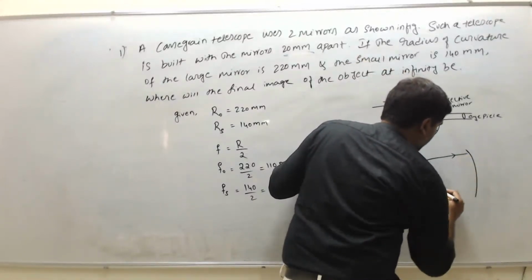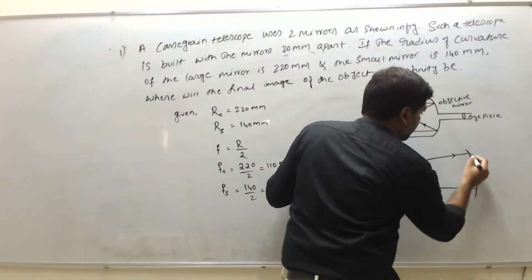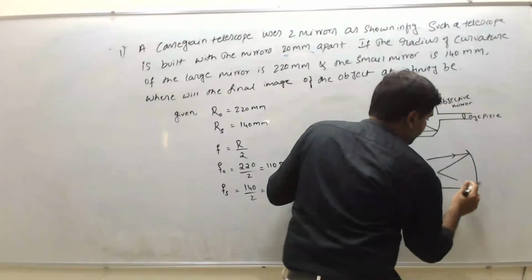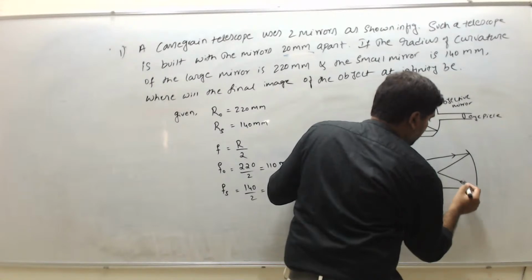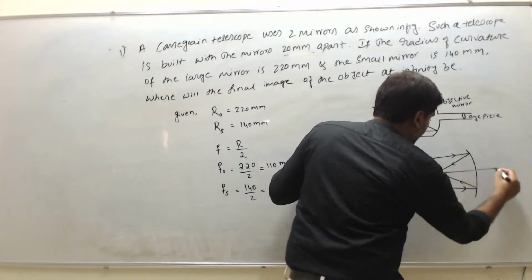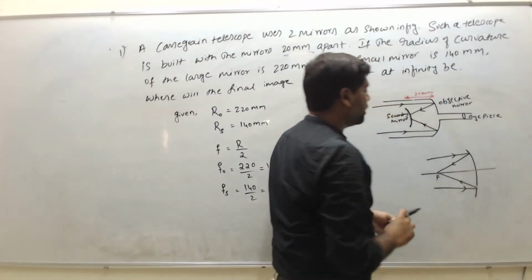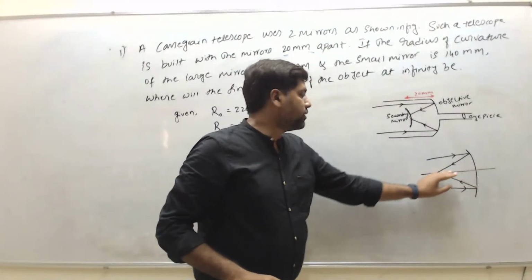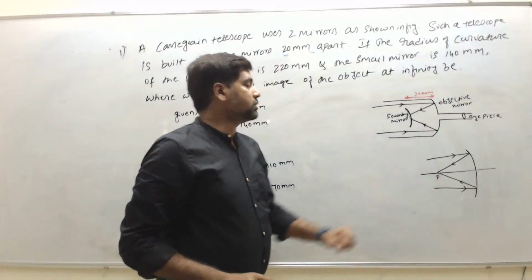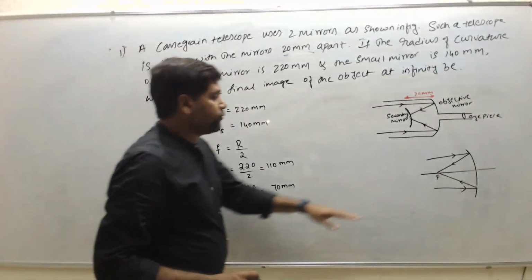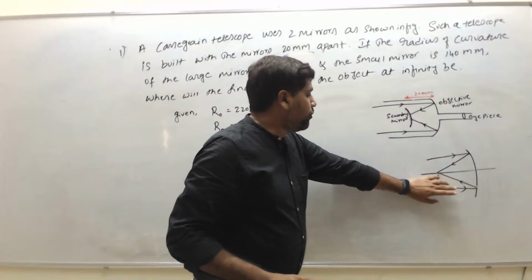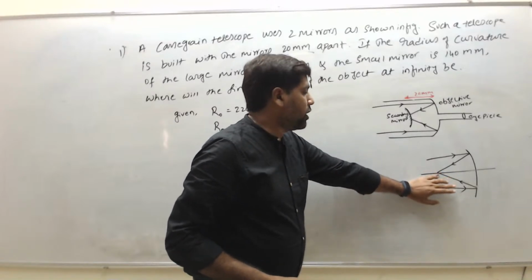As the rays fall onto this mirror, the reflecting rays will meet at the focus. That is, if any parallel beam falls onto this reflecting surface, they meet at the point focus. So this focus, that is the converging point, forms the image of the object.